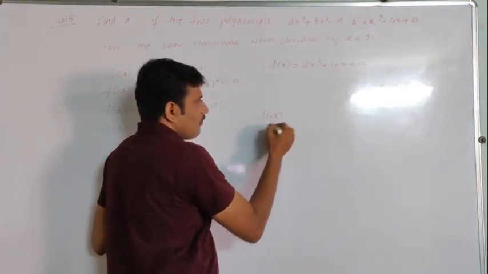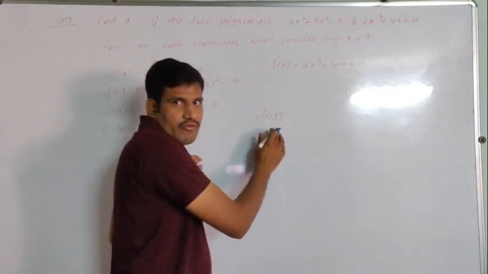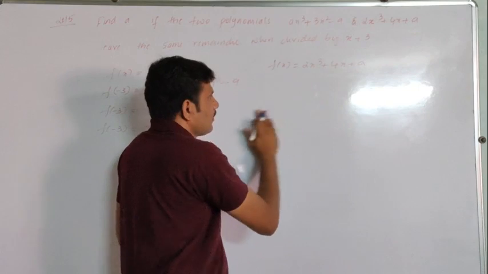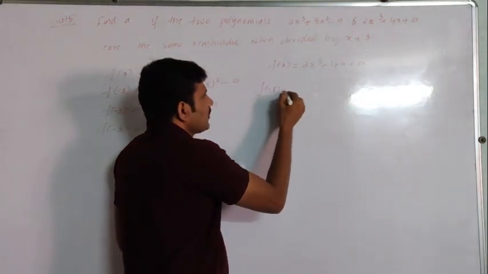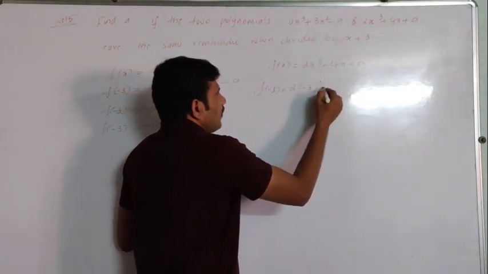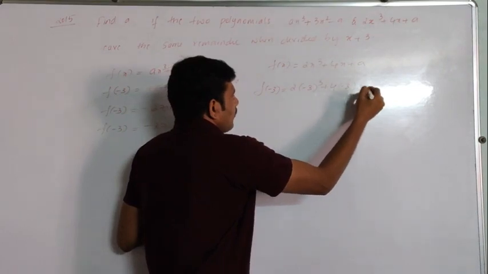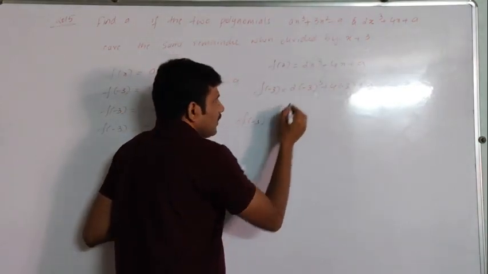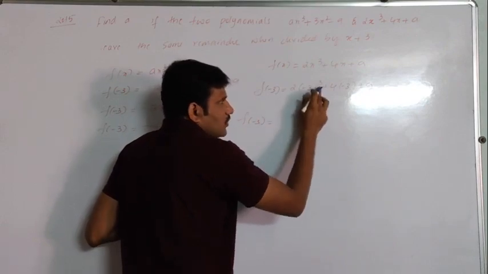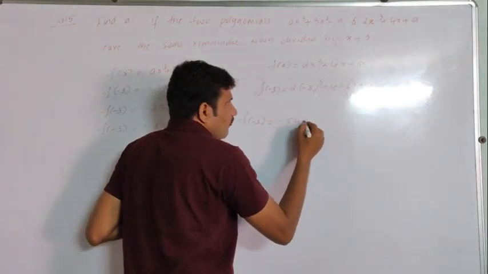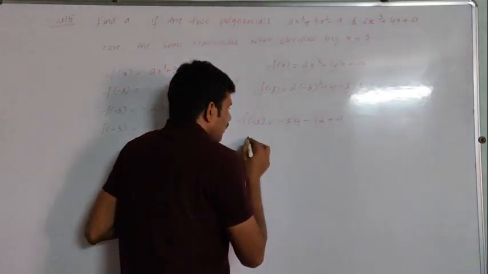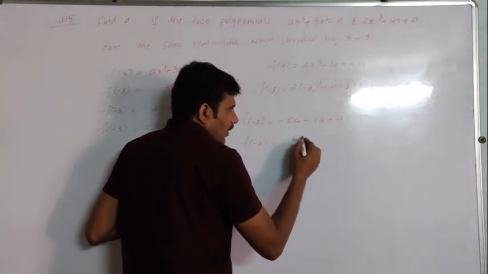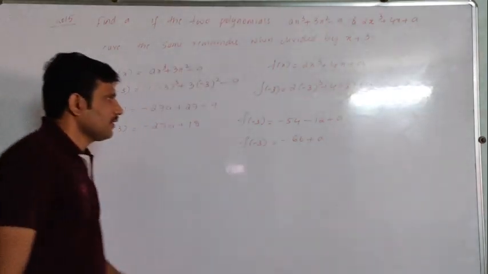Putting x equal to minus 3, 2 into minus 3 cube plus 4 into minus 3 plus a. Minus 3 cube is minus 27, into 2 is minus 54, minus 12 plus a. So f of minus 3 is minus 54 minus 12, that is minus 66 plus a.